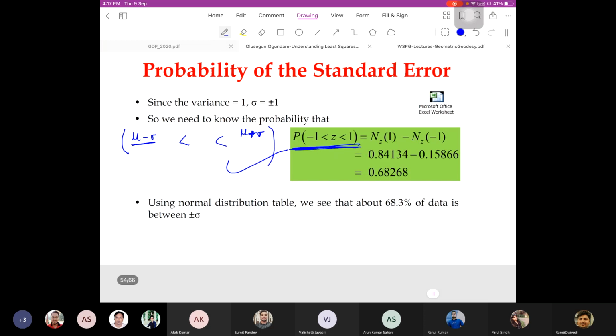So you have to replace x by that. So here you will subtract mu and divide by sigma.